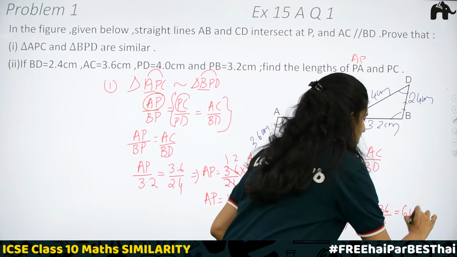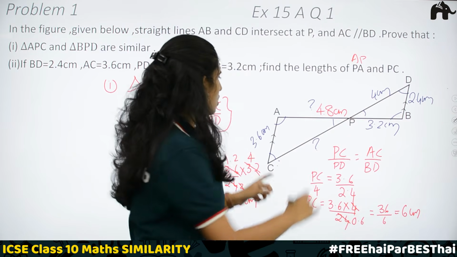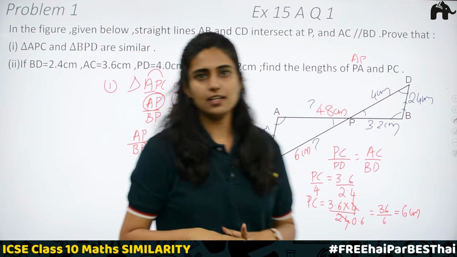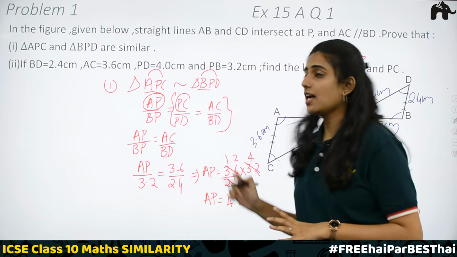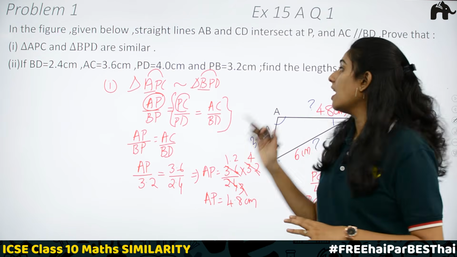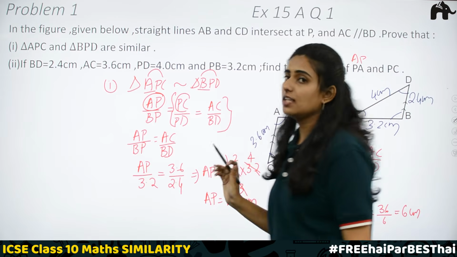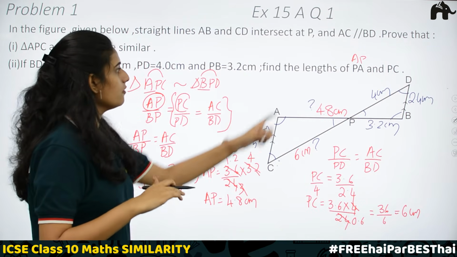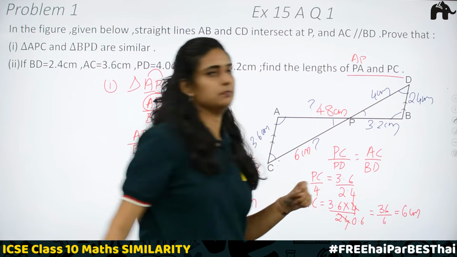We get 6 centimeter. Therefore, the length of PC is 6 centimeter. Clear? First, we proved these two triangles are similar using the AA postulate. After that, using the ratio of the corresponding sides, we found the lengths of PA and PC.